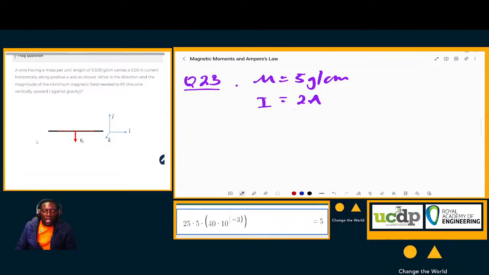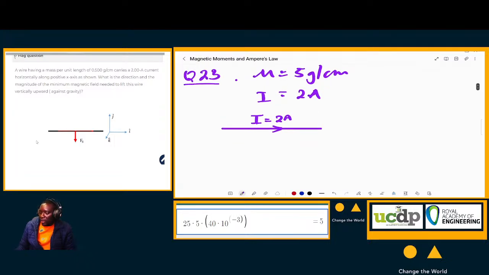So there is the wire in black with the current flowing to the right along the positive x-axis. What is the direction and the magnitude of the minimum magnetic field needed to lift this wire vertically upward against gravity?